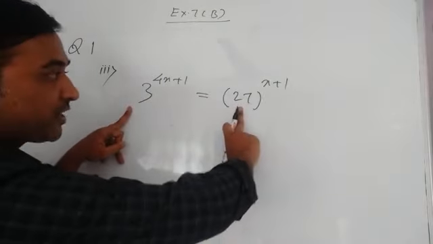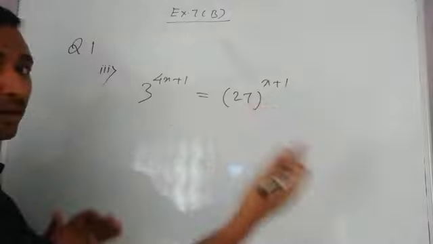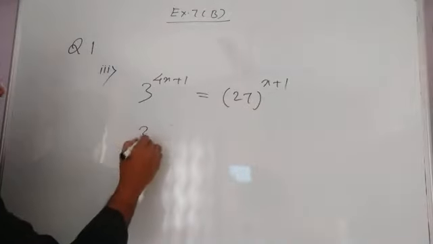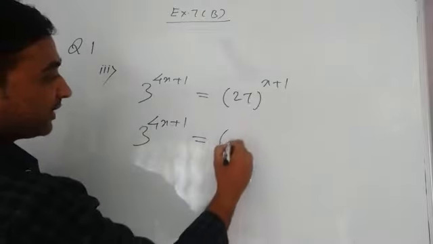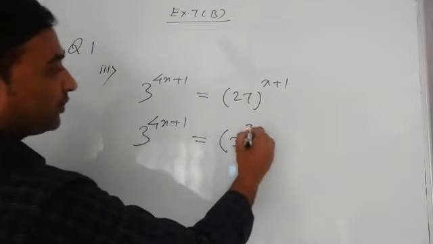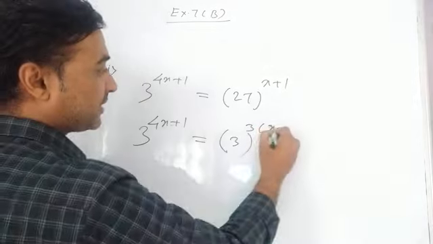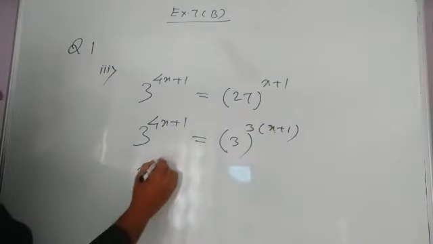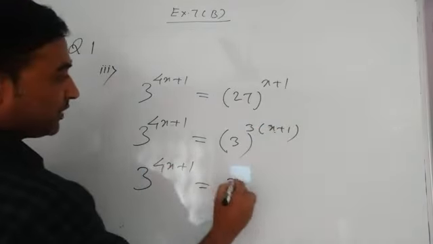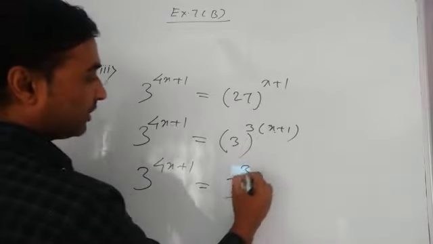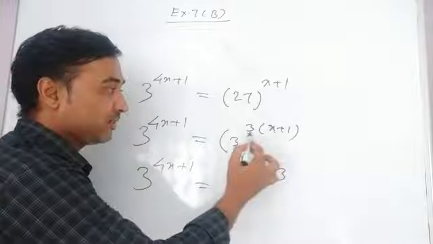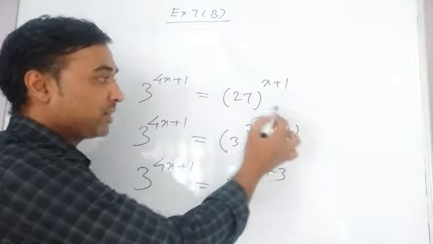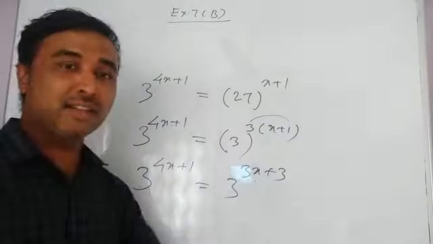Is it possible to express 27 in the power of 3? Yes, I can. So this will be 3 raised to 4x plus 1 as it is. This 27 I can write as 3 raised to 3 into x plus 1. So this will be 3 raised to 4x plus 1 is equal to 3 raised to 3x plus 3. Be careful when you multiply: 3 into x will be 3x, but in most cases you forget to multiply the 3 by 1.